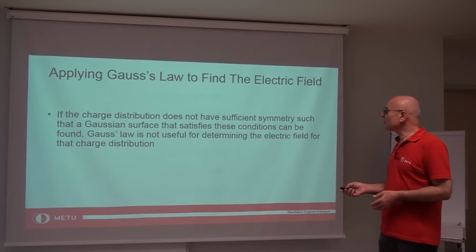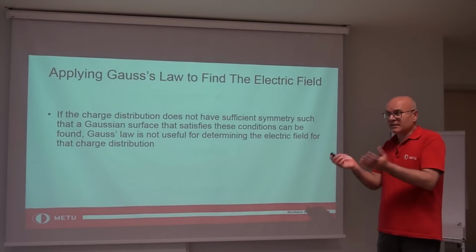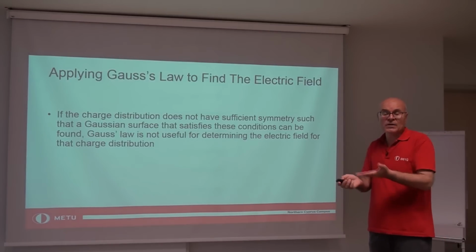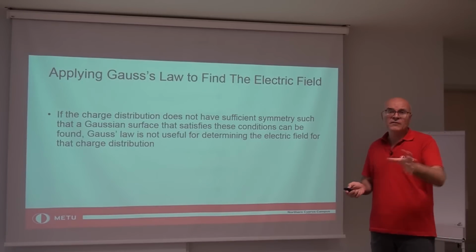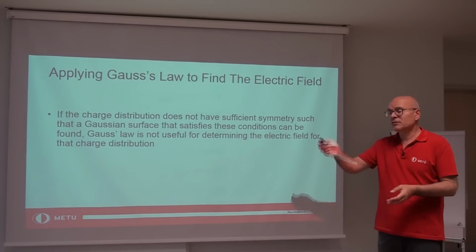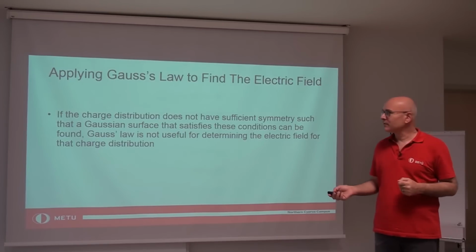If the charge distribution does not have sufficient symmetry, so that you cannot find such a Gaussian surface that enables you to do what we have said, then in this case Gauss law is not the correct tool for finding the electric field. You have to do it by integration as we have learned.